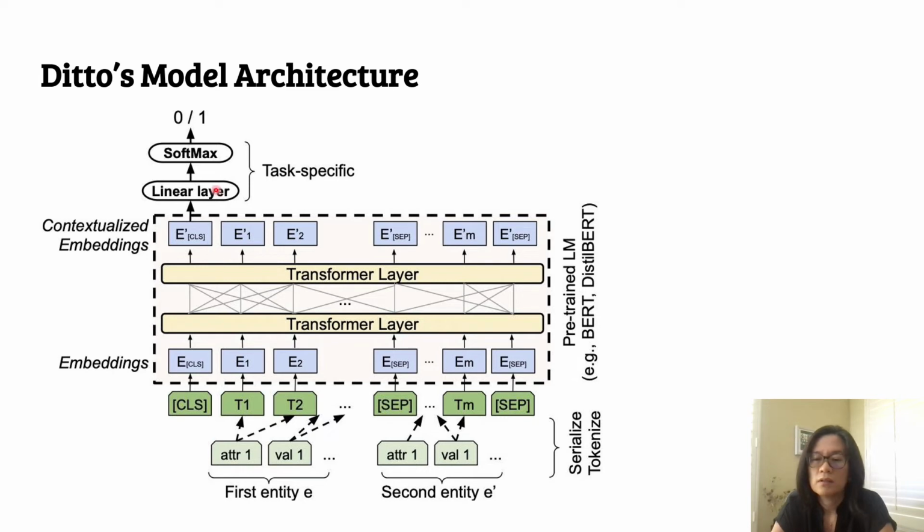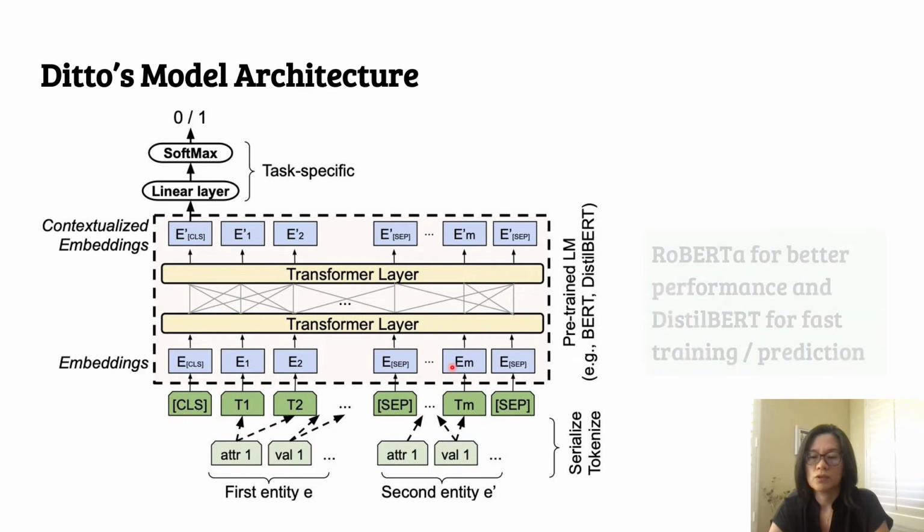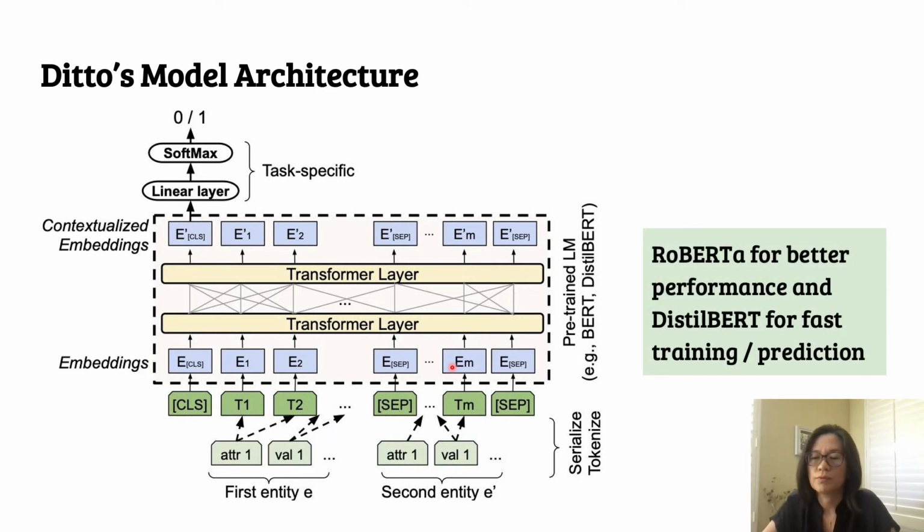The linear layer outputs a two-dimensional matrix for the softmax layer, which will return 0 or 1 for non-match or match. So by passing your training data, which are examples of pairs of records that match or not, through this model, the weights get adjusted to be a better model for the entity matching task.